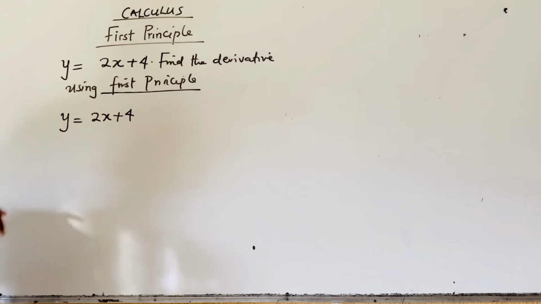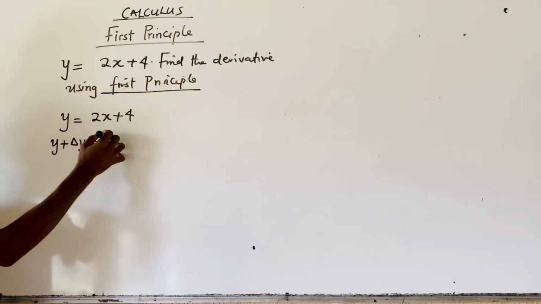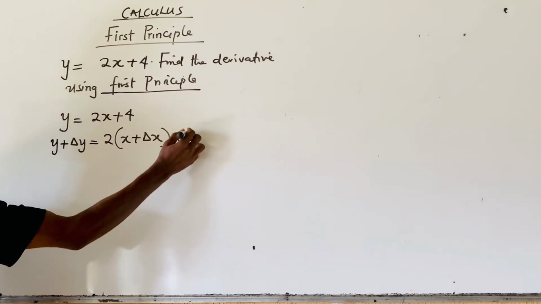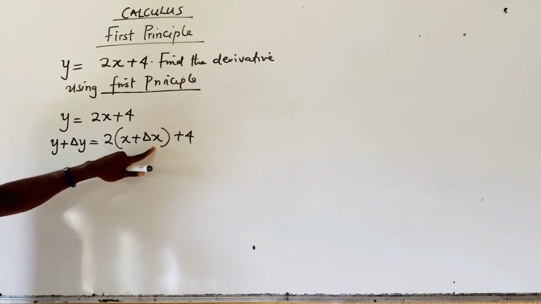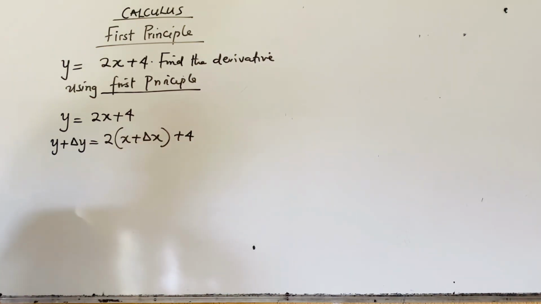So where you see y, add change in y. Where you see x, add change in x. So you see, since there is x here, you add change in x. You bring the bracket, then plus 4.